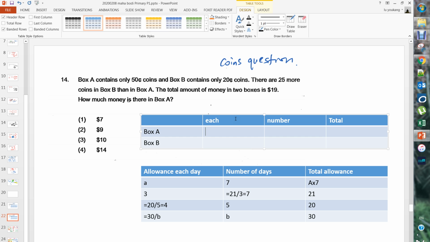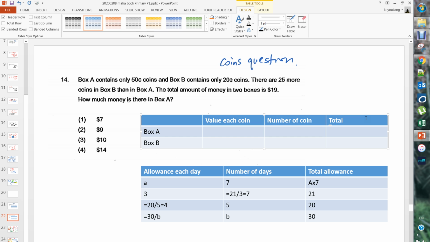So here it says box A contains only 15-cent coins. So meaning the value here will be value each coin. Then here will be number of coins, right? So total what? Total value. So the thing here is this.